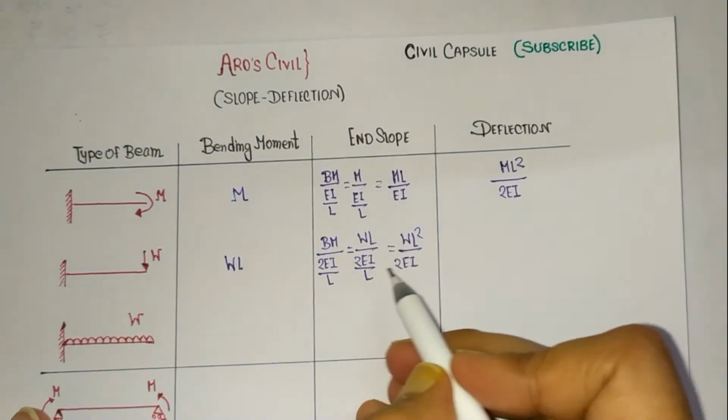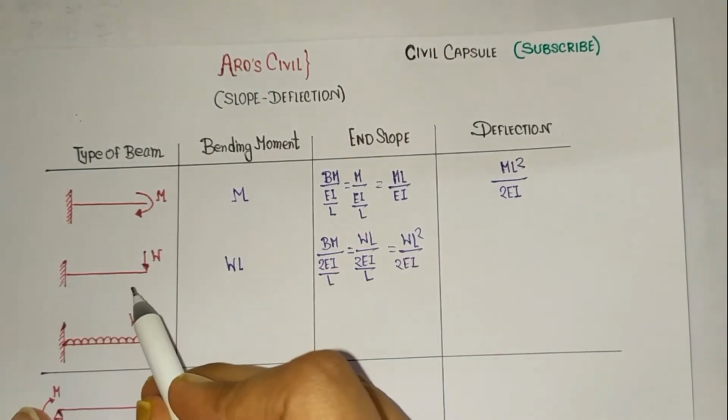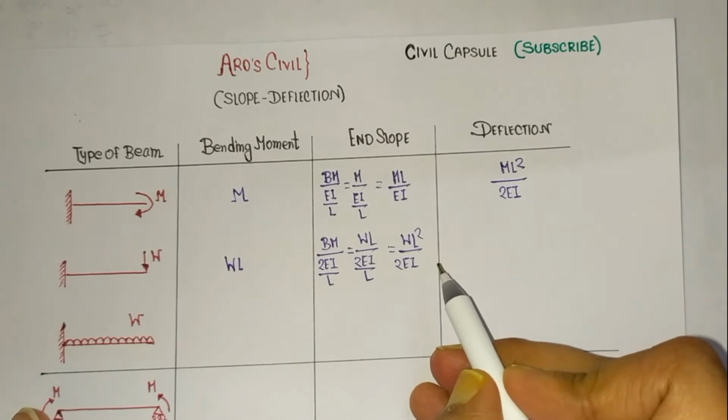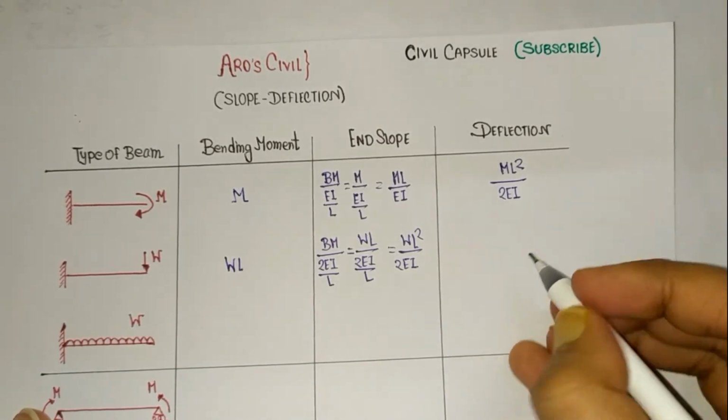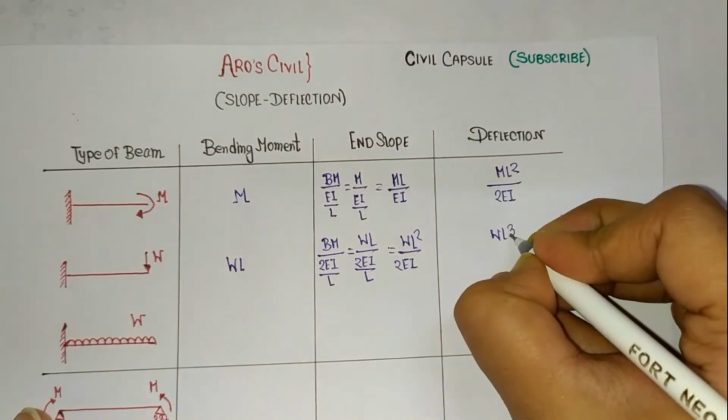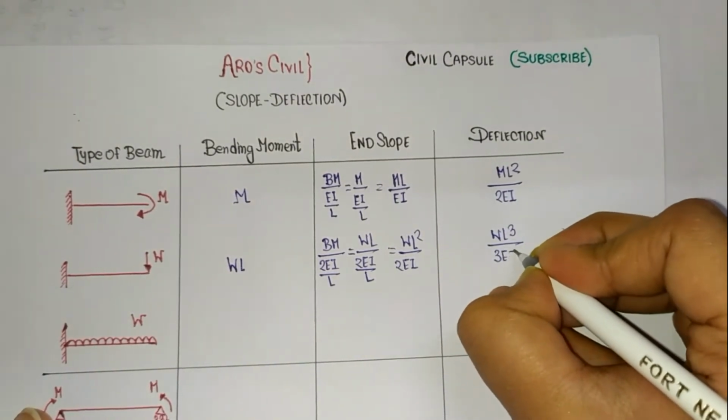This is the formula for end slope in this condition. Now the value for deflection is W L cube by 3 EI.